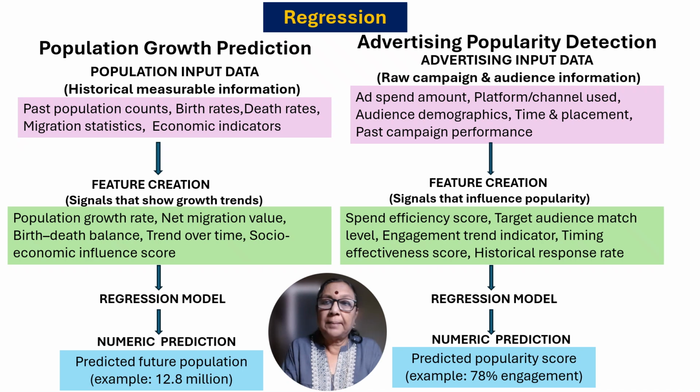Raw campaign and audience information like ad spend amount, platform channel used, audience demographics, time and placement, and past campaign performance, and then appropriate features are calculated from that, like spend efficiency score, target audience match level, engagement trend, and so on. These are given to the regression model, and a curve is fitted, and then given a new value, it predicts that there will be 78% engagement.